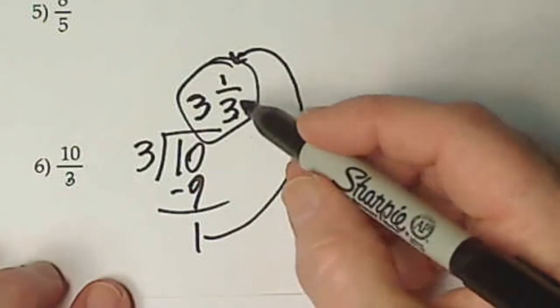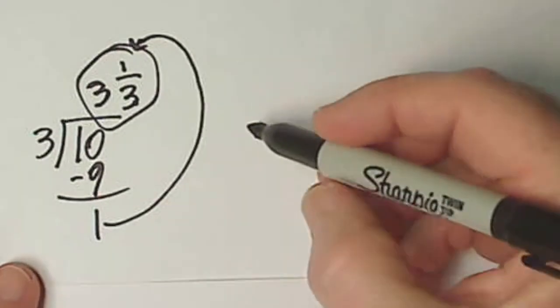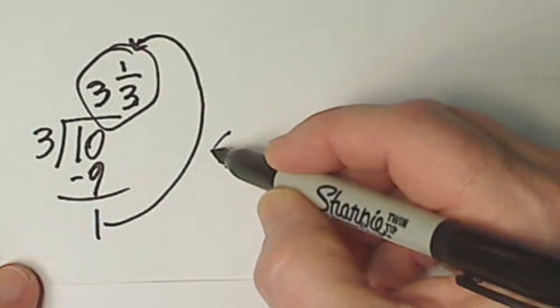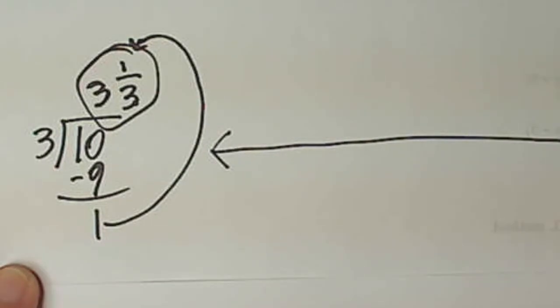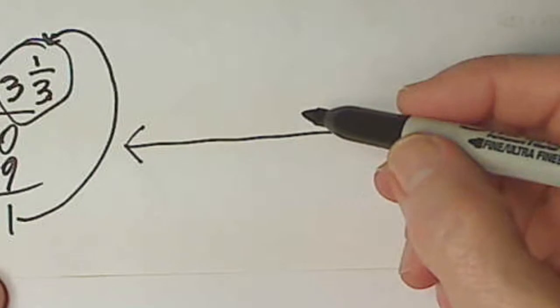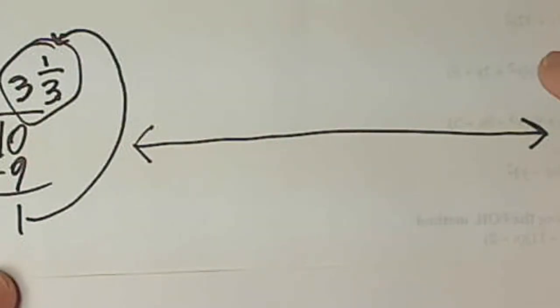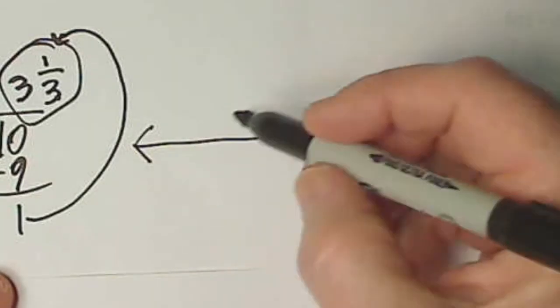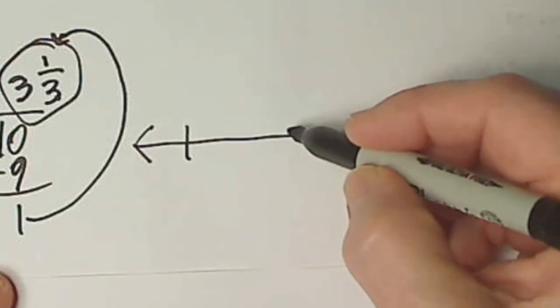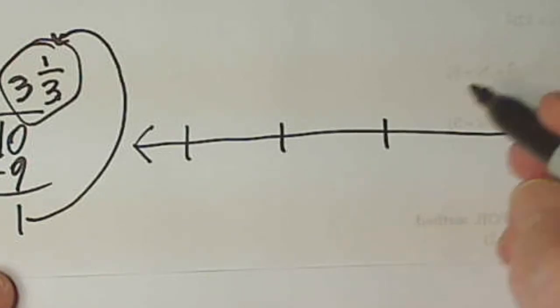Okay? And to graph 3 1/3, 3 1/3 sits someplace between what two numbers? 2 and 3. Or actually, I'm going to have to say 3 and 4. Okay, so here's my 2, here's my 3, here's my 4.